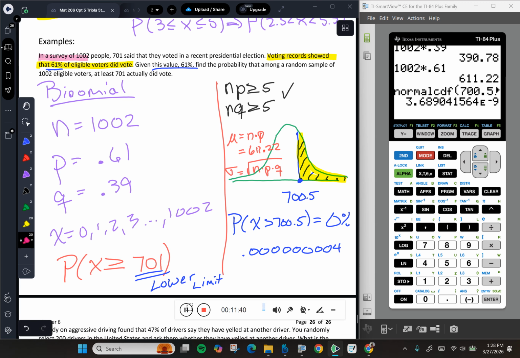Our data is that of 1,002 people in our sample, 701 said they voted. Does the 701 support that 61% is true? Or does the 701 give us evidence to support that 61% might not be true? Okay. Now, I know there's another option here. The other option is people are lying. And yes, that does happen. We'll talk about that more when we actually start doing our hypothesis testing.